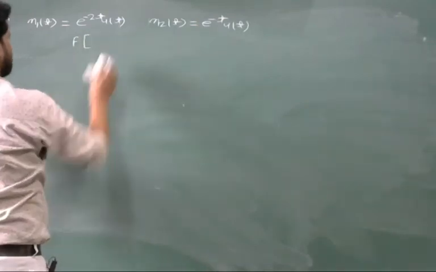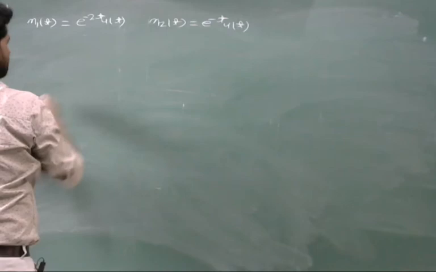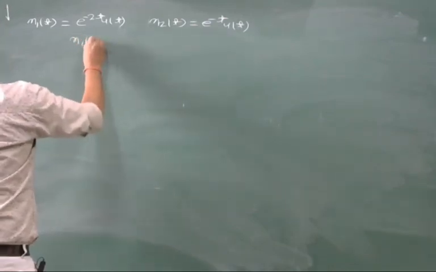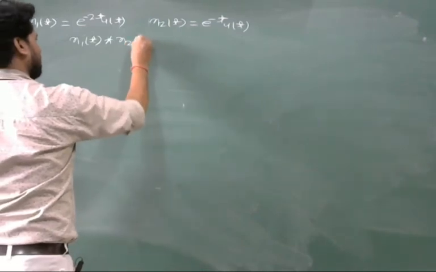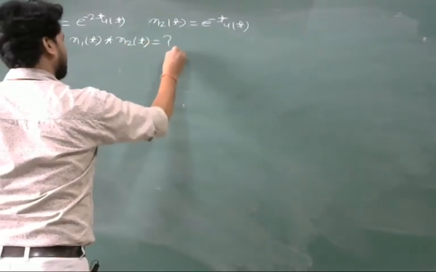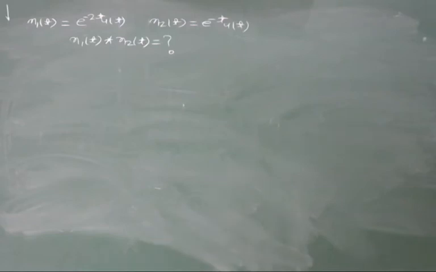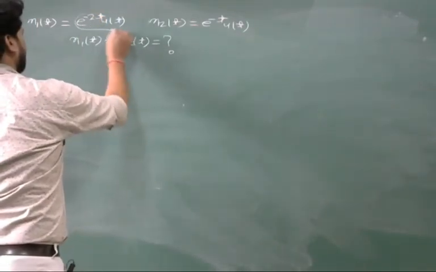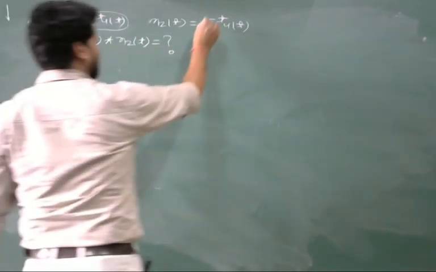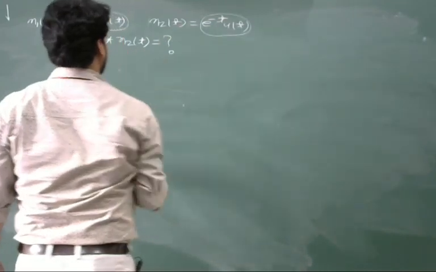Or we can say not the Fourier transform, we have to get the convolution of these two signals x1(t) into x2(t) by using the convolution theorem of the Fourier transform.